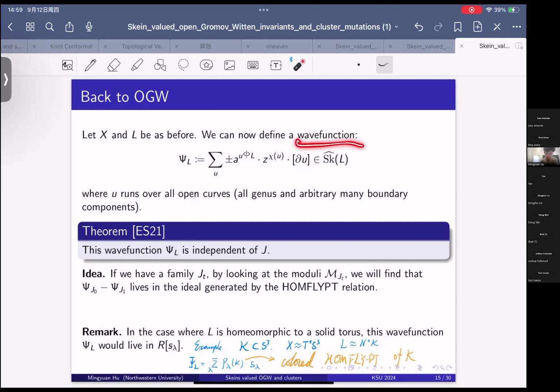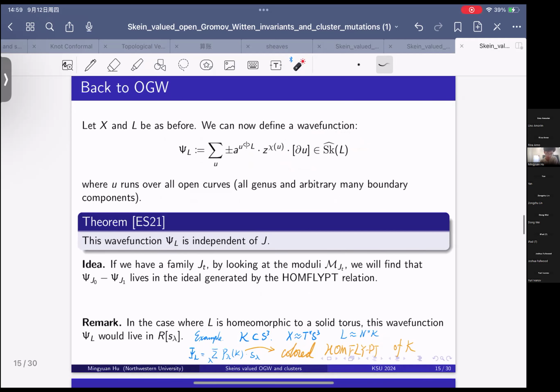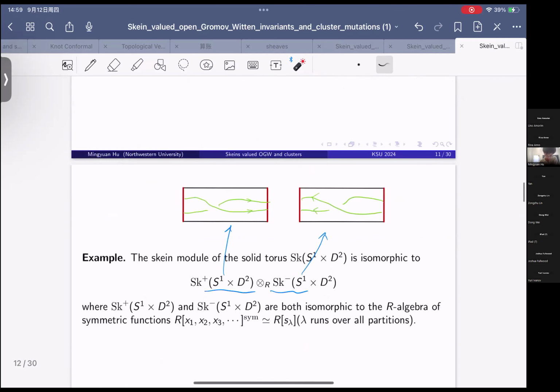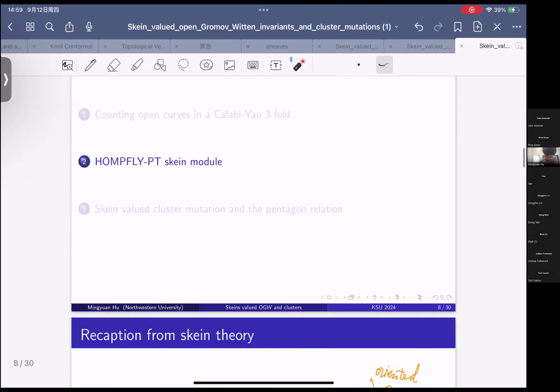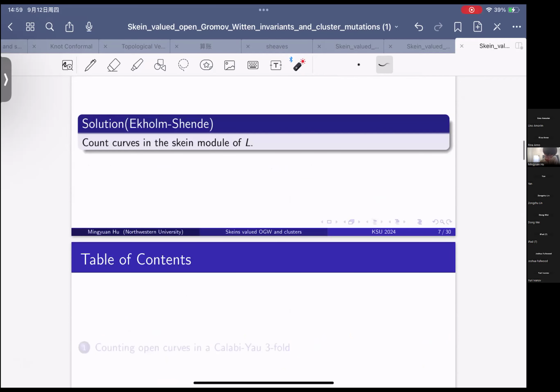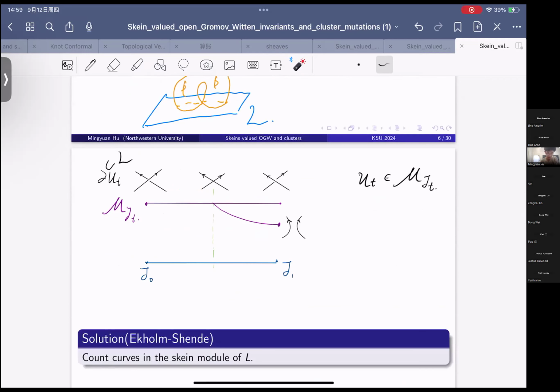So we call this a wave function of L, and that's it. The key point is that we must consider all curves, all genus and arbitrary mapping boundary components, because if we go back to this picture, we will find that when we cross this wall, the genus or number of boundary components might change.